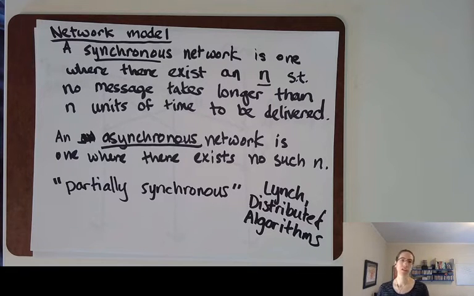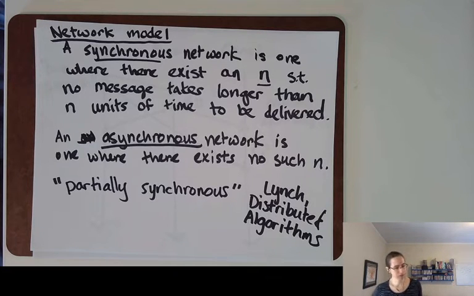But yes, in practice, people make simplifying assumptions all the time about the behavior of networks. But in general, you can't assume that there is a particular n that a message is definitely not going to take longer than to be delivered on the internet.